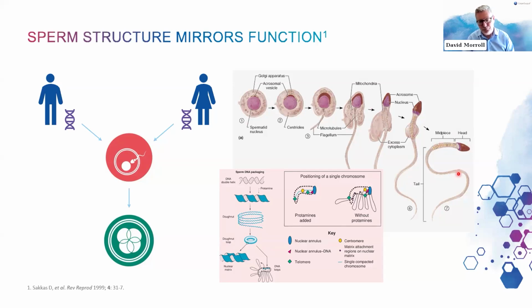Of course, one of the key elements here is that the genetic material, the chromatin, is repackaged, and we know that a large proportion of the chromatin is repackaged in this donut loop model and packaged really densely with protamines, which replace the histones that we see in somatic cell nuclei.